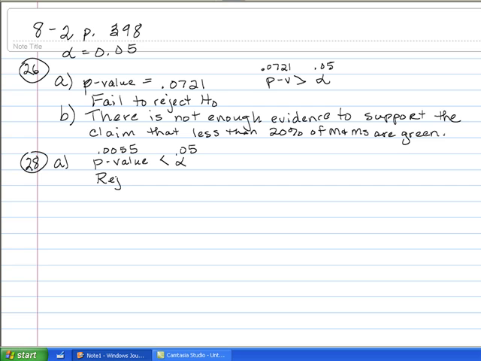the null hypothesis. So what does that mean in terms of our statement? Our original claim was that it was equal to. Well, we're rejecting that.